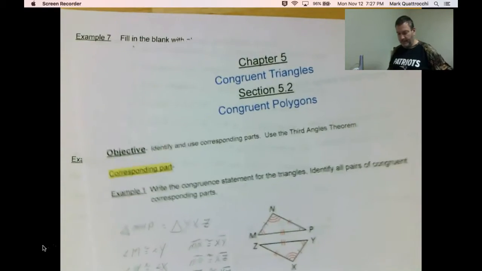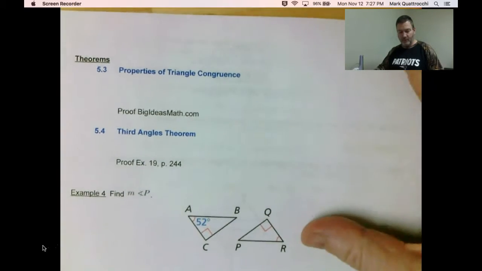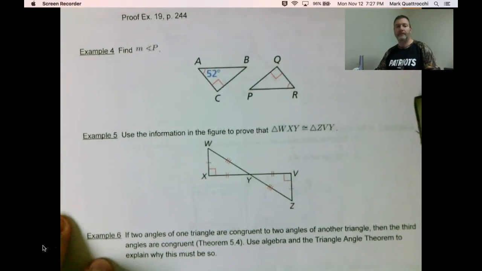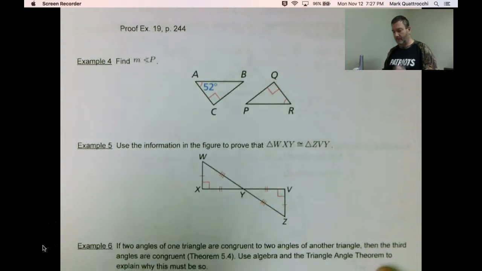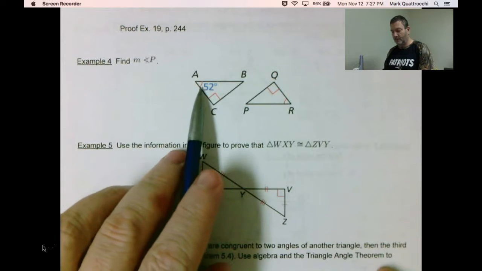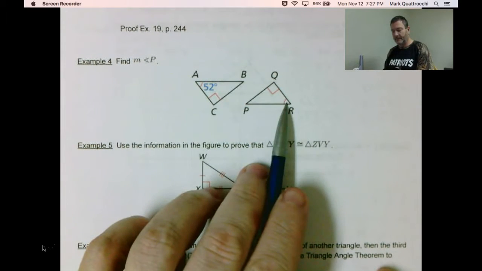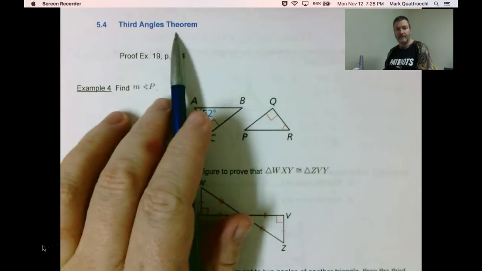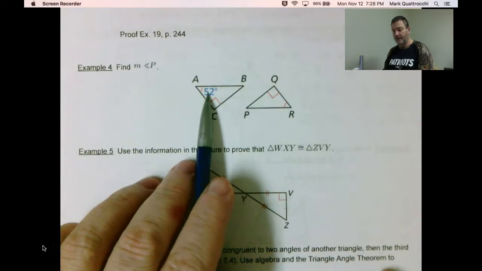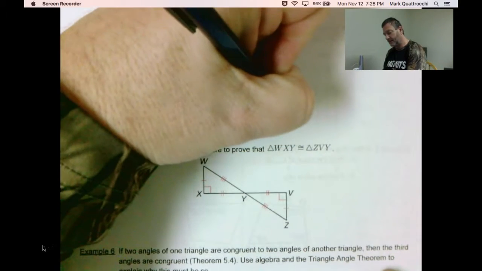That's example 3. Example 4. Find the measure of angle P. So I have 2 angles congruent to each other in 2 triangles by the third angles theorem. Angle A is 52, angle R is 52.